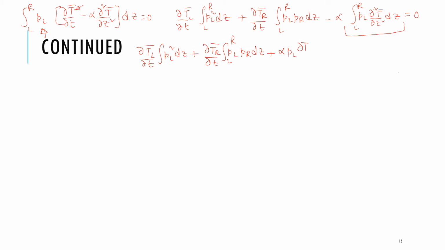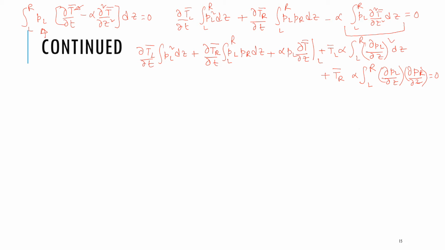I'm substituting that ∂T̄/∂Z at L plus TL alpha L to R (∂PL/∂Z)² dz plus TR bar alpha L to R ∂PL/∂Z ∂PR/∂Z equal to 0.